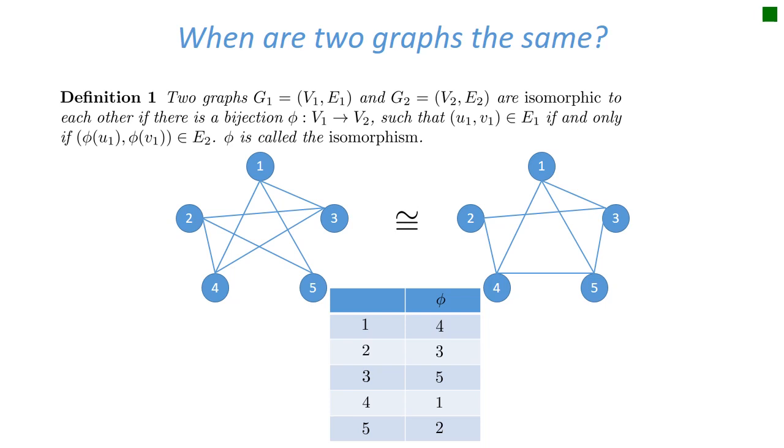So in this case, we say that the two graphs G1 and G2 are isomorphic to each other. And phi, this mapping 1 to 4, 2 to 3, 3 to 5, 4 to 1 and 5 to 2 is called the isomorphism.